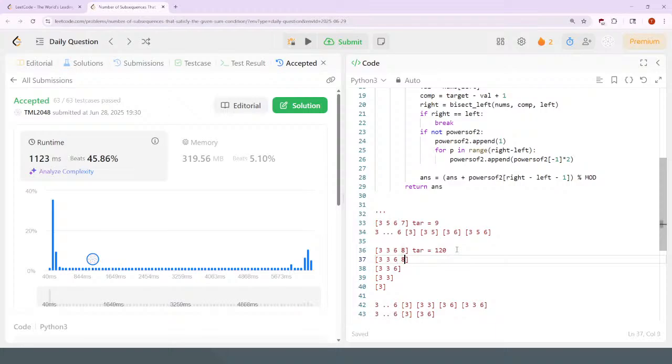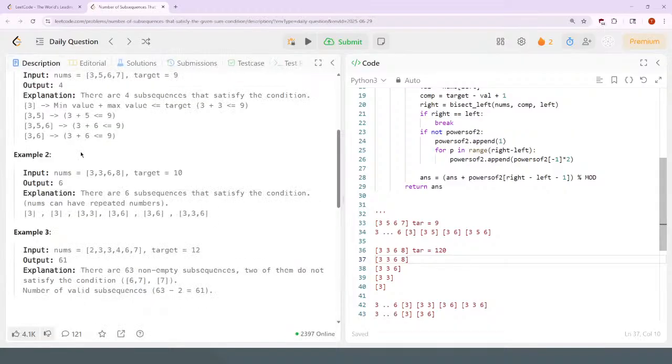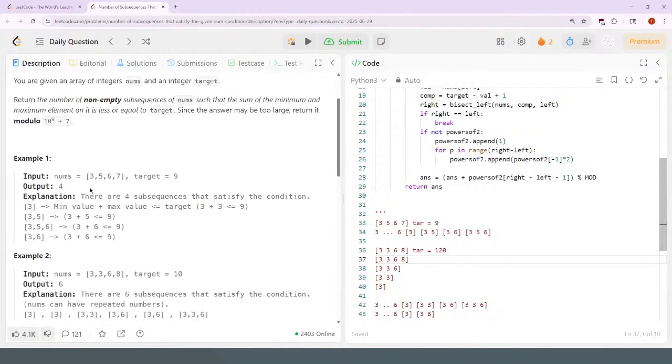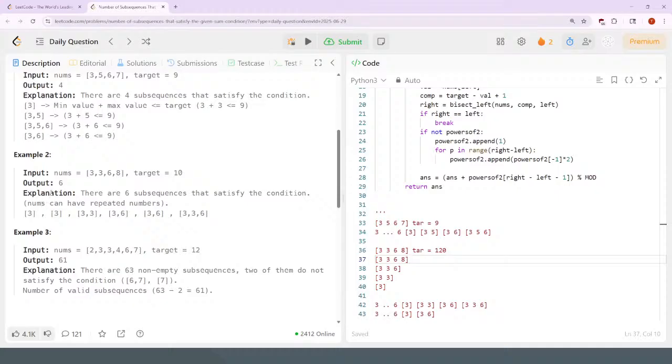So this is 8. Is your answer always like a sum of powers of 2? 4 plus... that's really not a sum of powers of 2. Is it always a power of 2? No.